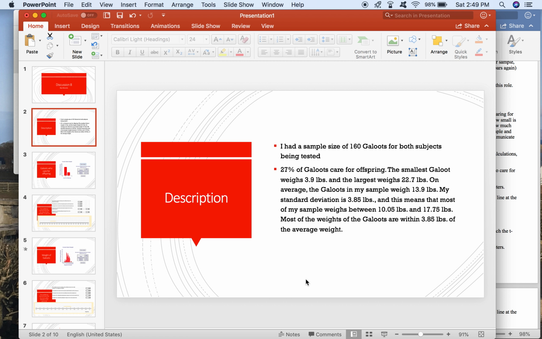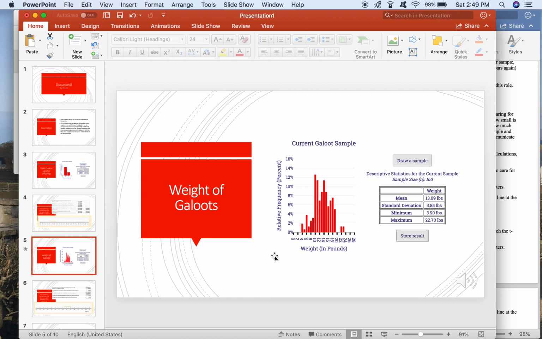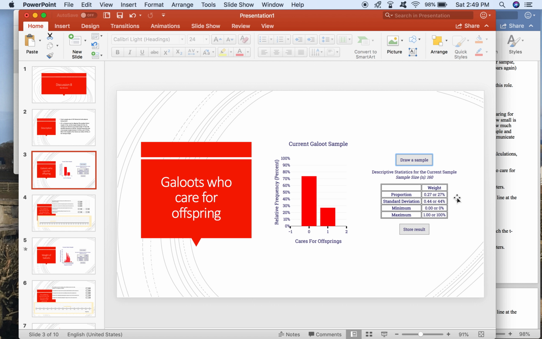Most of the weights of the galutes are within 3.8 pounds of the average weight. From this histogram we can see that the weight distribution is nearly normal. There is a slight skew to the left, but I'm going to consider it nearly normal for the purpose of this discussion. Like I said, the proportion was 0.27 or 27%.